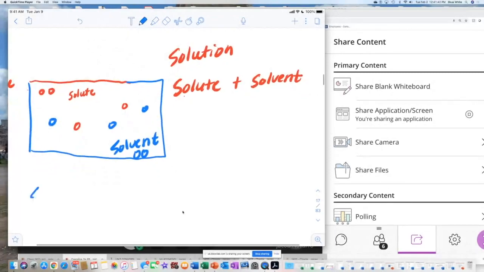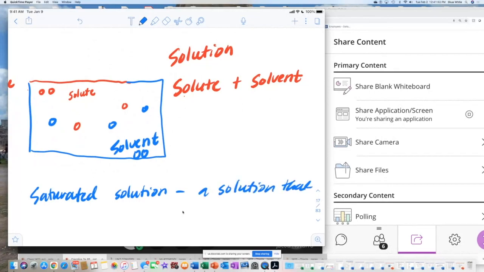Okay. A saturated solution is essentially a solution that has the maximum amount of solute present.